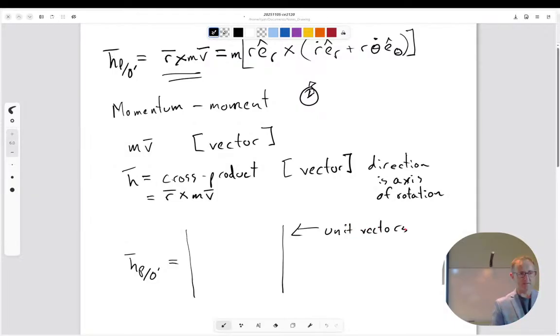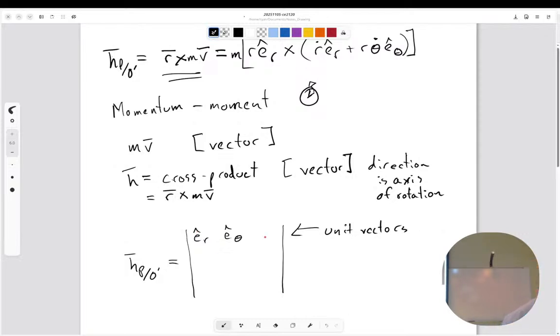So what unit vectors do we have? E sub R, E sub theta. And then K, we could call it B3, we could call it A3, we could call it K. It's something that is perpendicular to E R and E theta, so it's up out of the page.